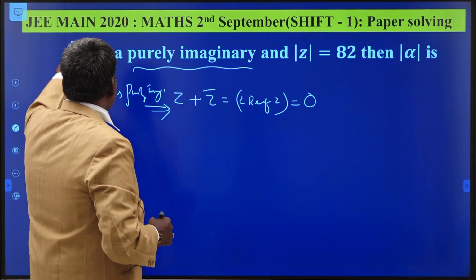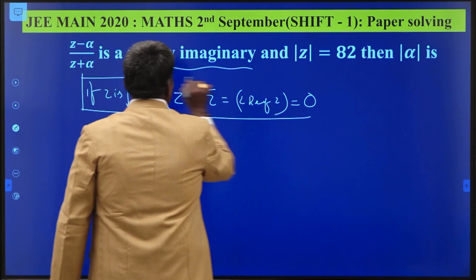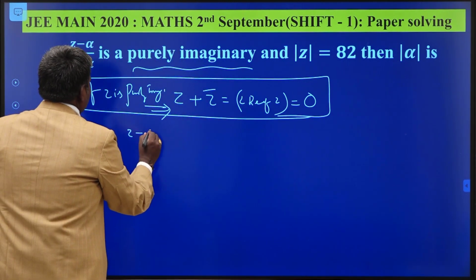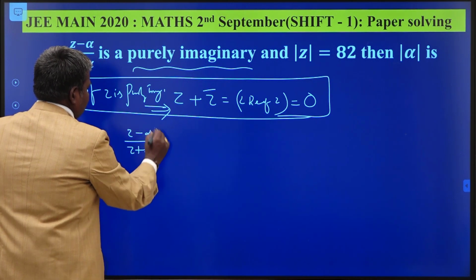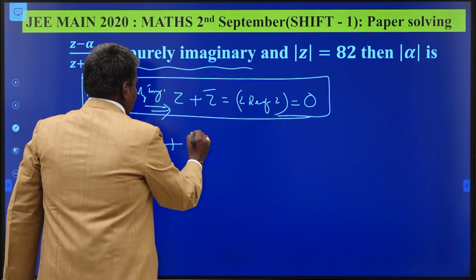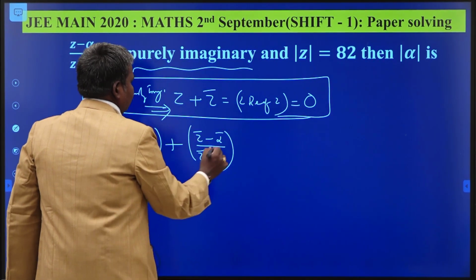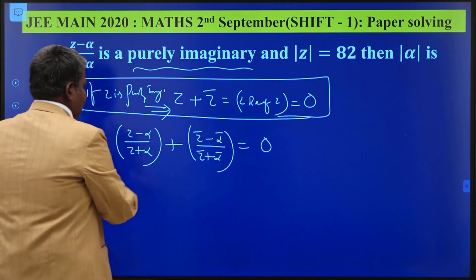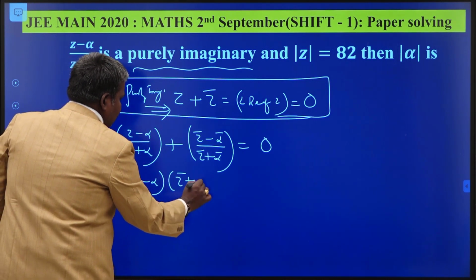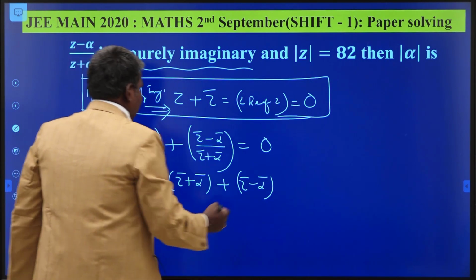What is your z here? (z − α)/(z + α) plus its conjugate, (z̄ − ᾱ)/(z̄ + ᾱ), is equal to 0. Just to simplify this one, we get (z − α)(z̄ + ᾱ) + (z̄ − ᾱ)(z + α) is equal to 0.